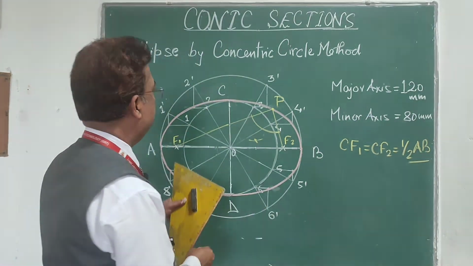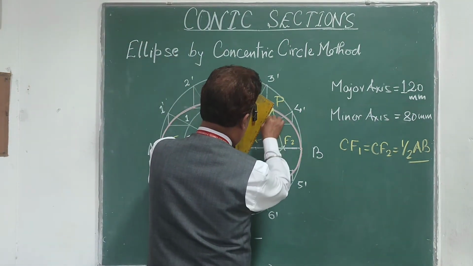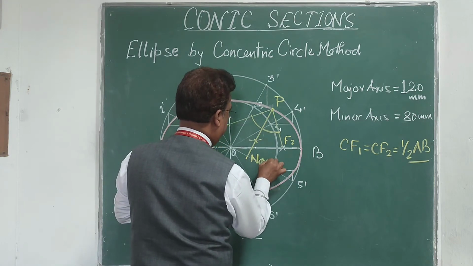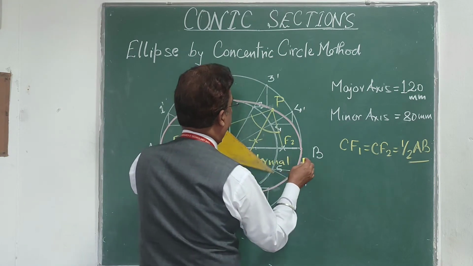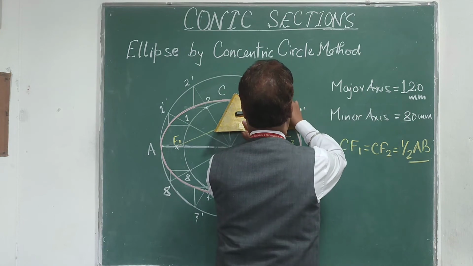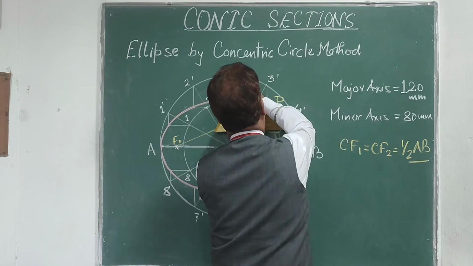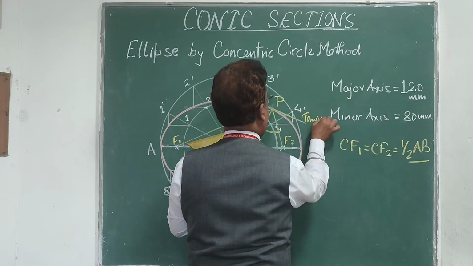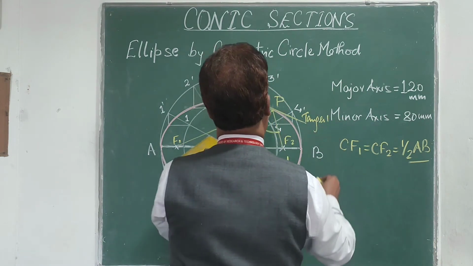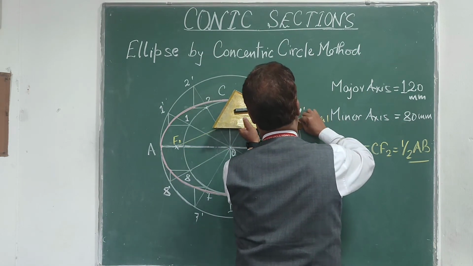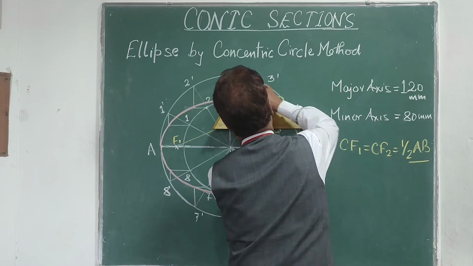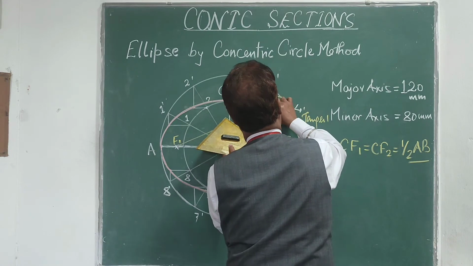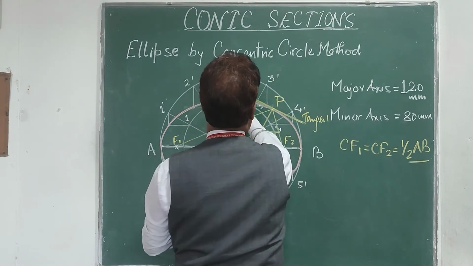The bisector of this angle will be the normal, and the perpendicular to this bisector will be the tangent.